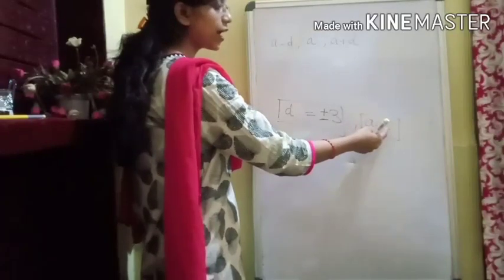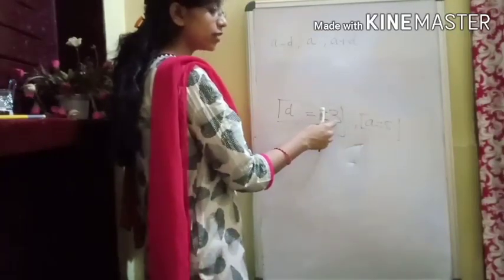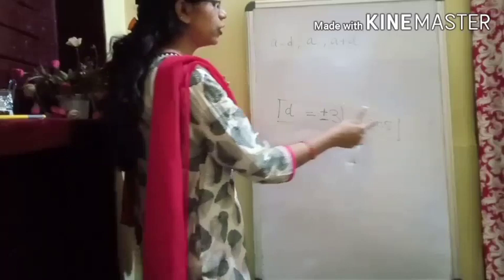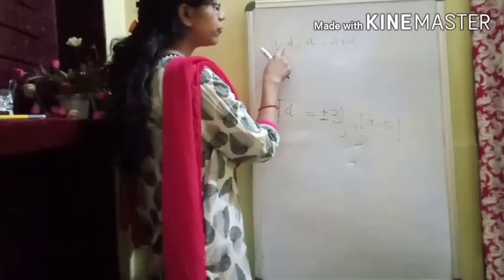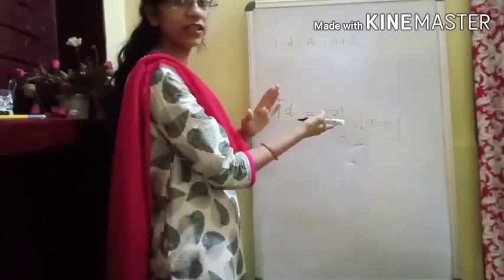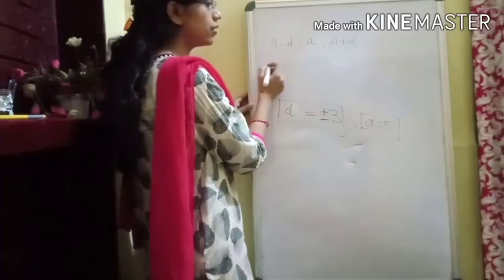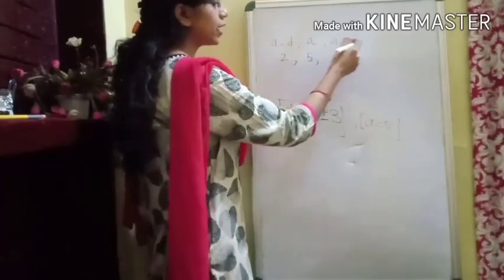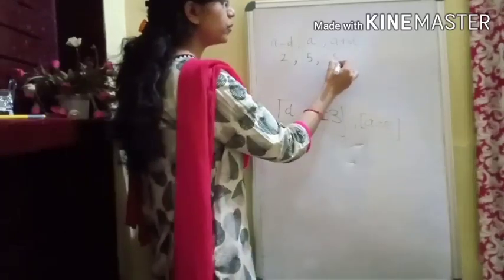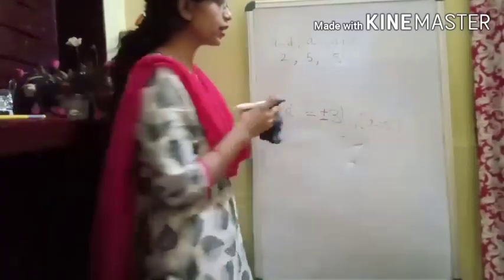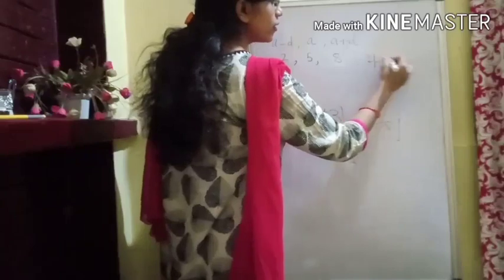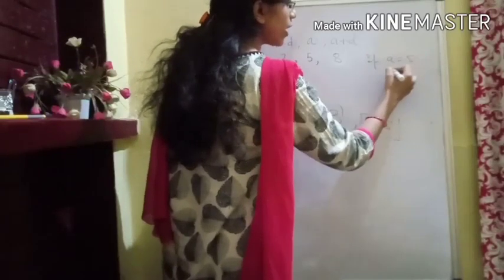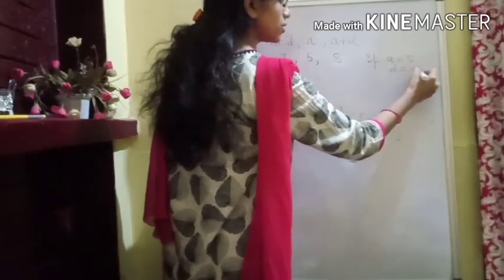So let's take a as 5, and first let's take d as plus 3. So 5 minus 3 will be 2, then a is already 5, and then a plus d, that is 5 plus 3, would be 8. Okay, in case a is 5 and d is plus 3.